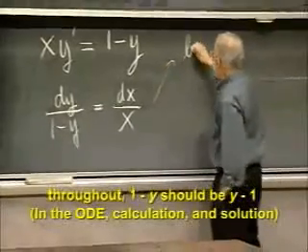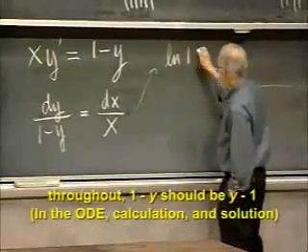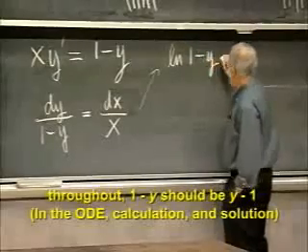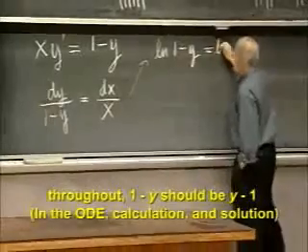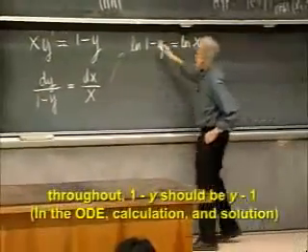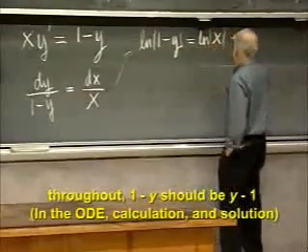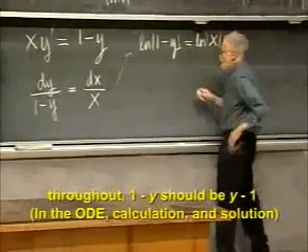And if I integrate both sides, I get the log of 1 minus y, I never bother with that, but you can. It should be absolute values, but all right, put an absolute value in, plus a constant. And now if I exponentiate both sides, the constant is positive.